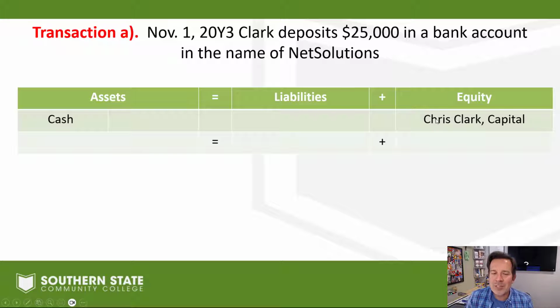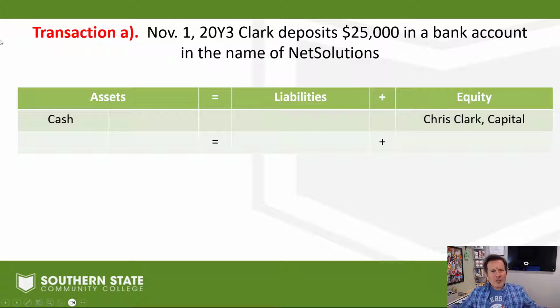And over here, I've got something called Chris Clark Capital under equity. We know equity is the area that we're going to record ownership, the owner's claims. And so I have right here, Chris Clark Capital, which represents the amount that Chris Clark has invested into his business, Net Solutions. Transaction number one.